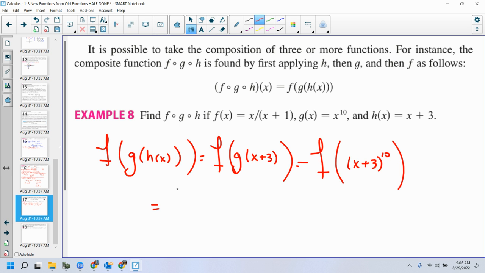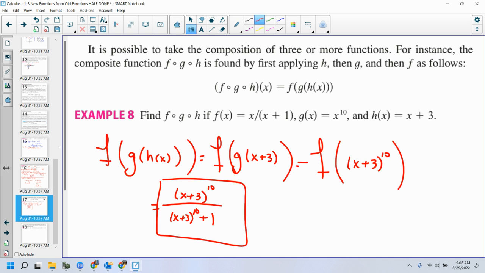That's going to be x plus 3 to the 10th over x plus 3 to the 10th plus 1. And there we have it. I'm going to leave that there just so you can see each piece. If I was going to be very mean, I would make you reduce all that, but we're okay.